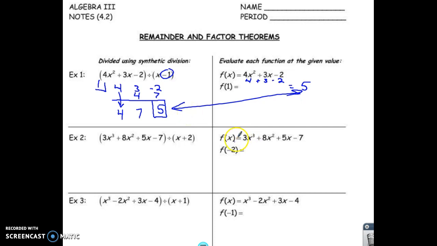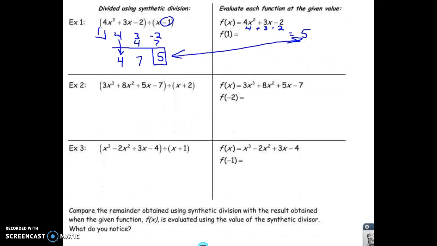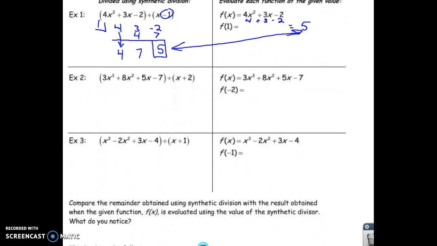And if you get to something like this down here, it's going to be a lot easier to synthetically divide. So let me pull this down a little bit, and we'll do that. Plugging a negative 2 in here and cubing it, that gives you a negative 8 times 3 is negative 24. We're going to put a negative 2 here, square it.